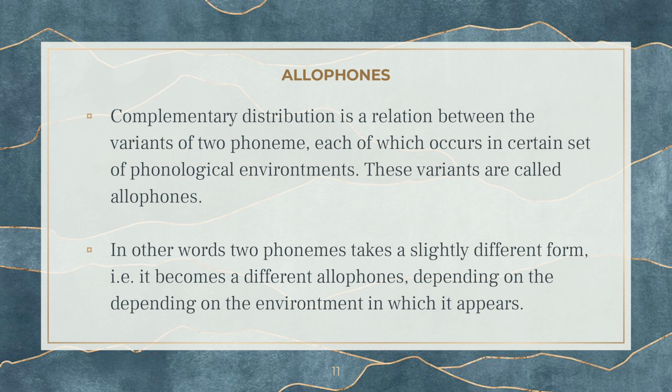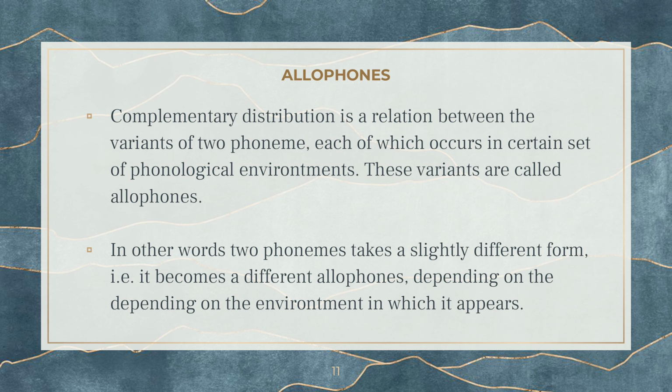Complementary distribution is a relation between the variants of two phonemes, each of which occurs in a certain set of phonological environments. These variants are called allophones. Complementary distributions are two speech sounds that are not different phonemes but the same phoneme.